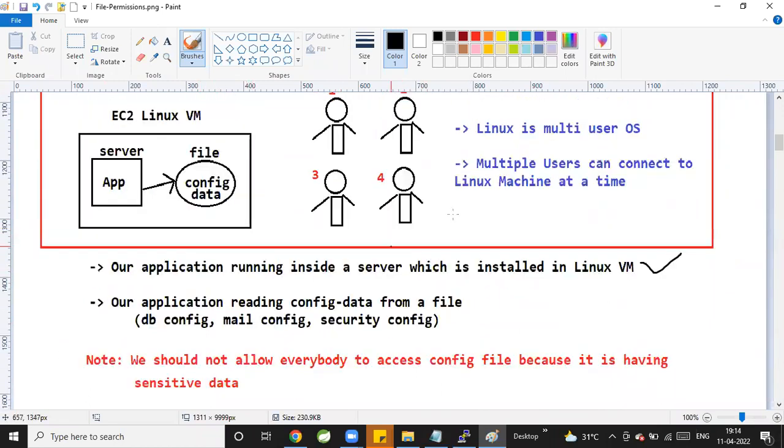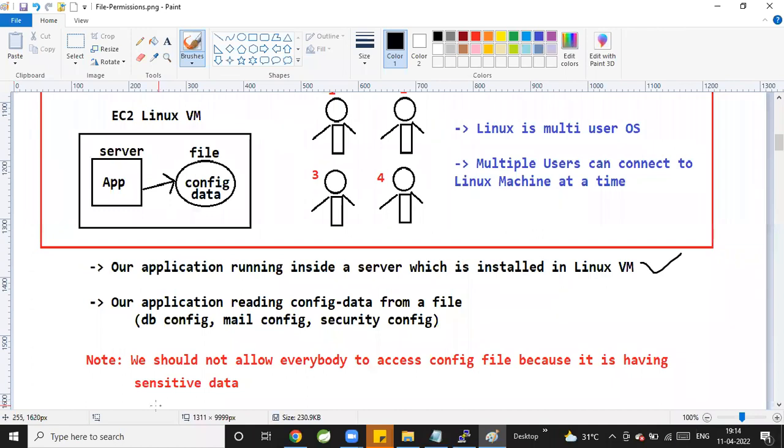Now, can we allow everybody to modify this configuration file? Are you going to allow everybody to modify the configuration file of your application which is available in the Linux machine? Guys, tell me, can you allow everybody to modify configuration data of your application, or should we not allow it? Is it a good practice?